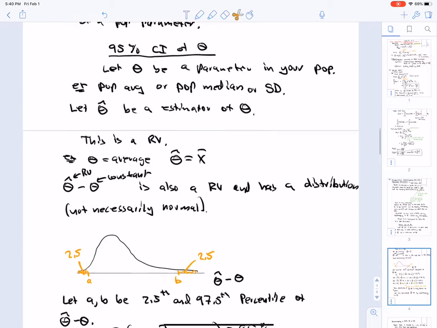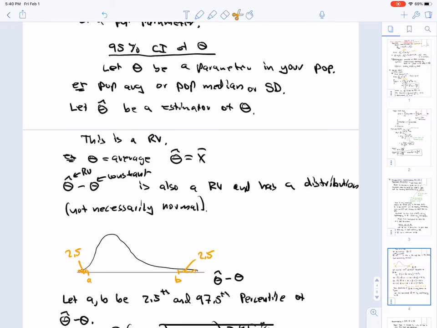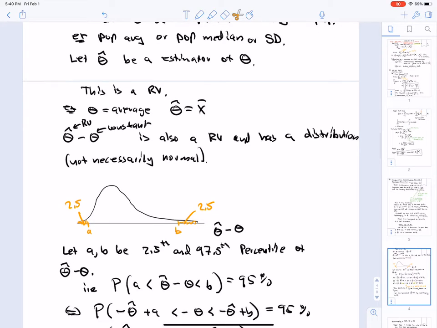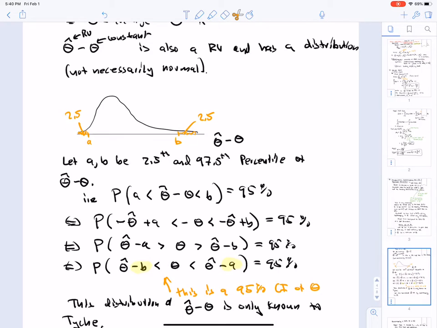So we take our estimator, we subtract off the true parameter. So this is in some sense standardizing the sampling distribution. And then suppose that we know this and we could find the 2.5 and the 97.5 percentile.